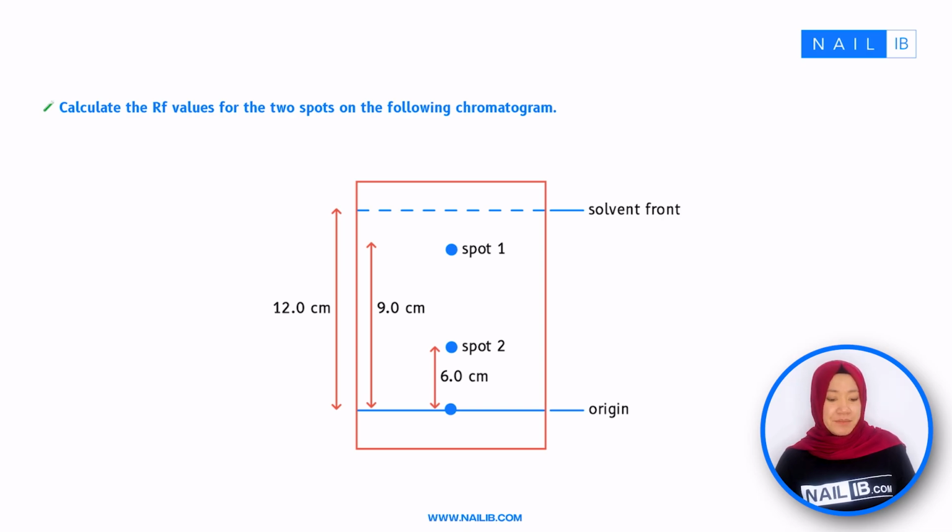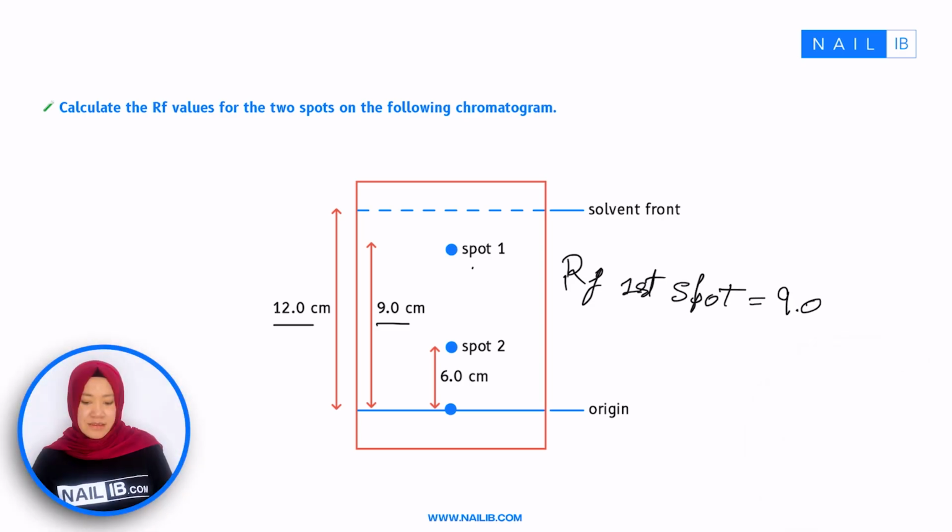Let's do this example. So the first spot is 9 centimeter, and the distance moved by the solvent is 12 centimeter. So the RF of the first spot is 9 centimeter divided by 12 centimeter, which is 0.75.